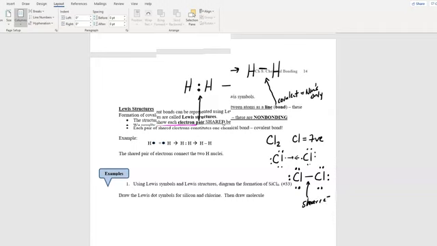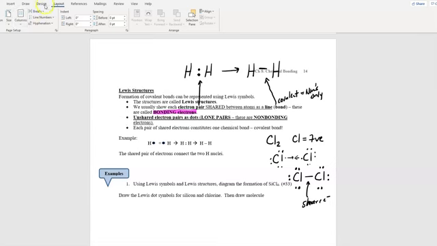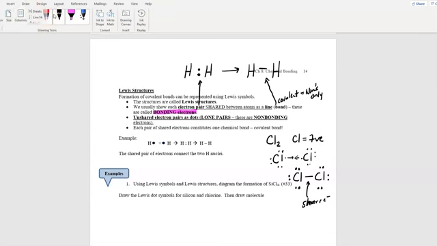So when you're counting the valence now, this chlorine over here has those 6 plus this one. So now he has 8 valence electrons. And this chlorine over here is also sharing those electrons, and he also has 8. The name of the game, ladies and gentlemen, is still the octet rule.